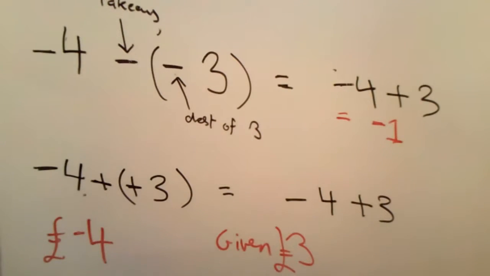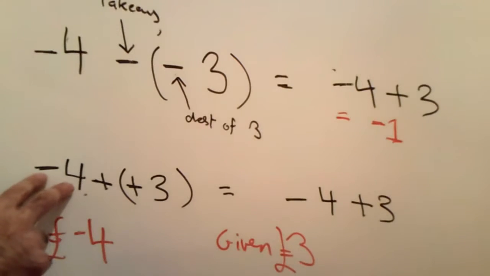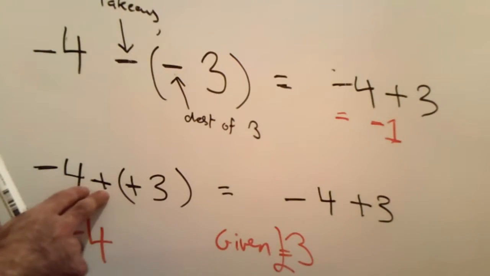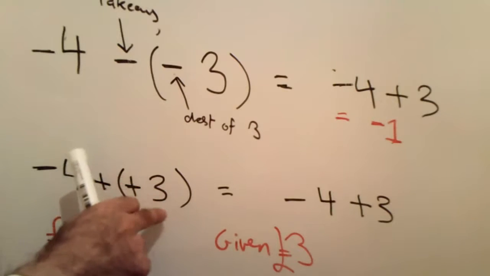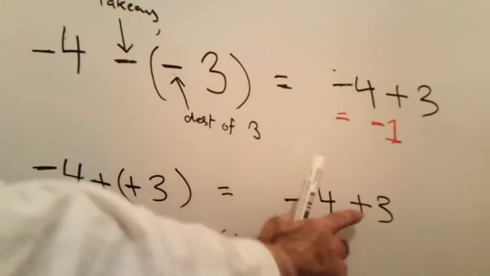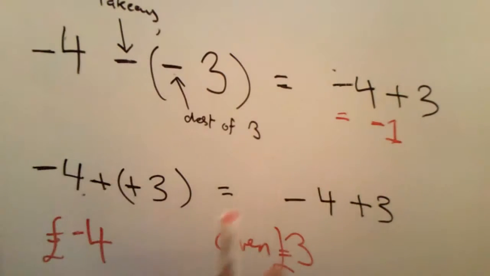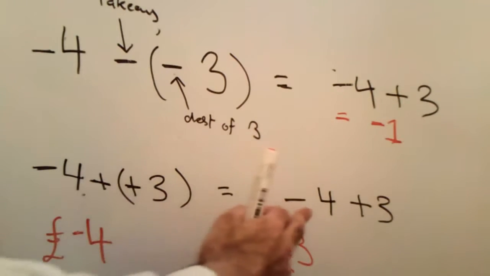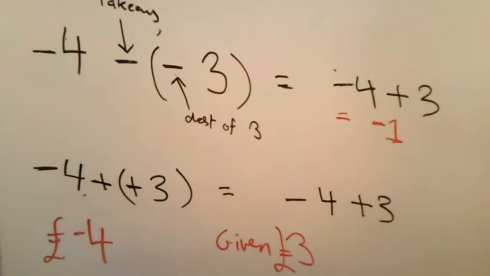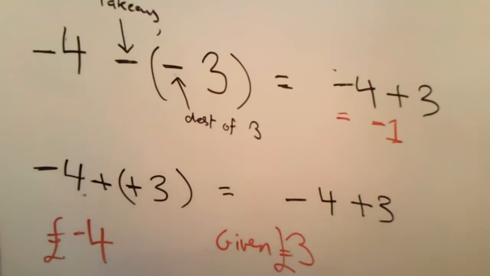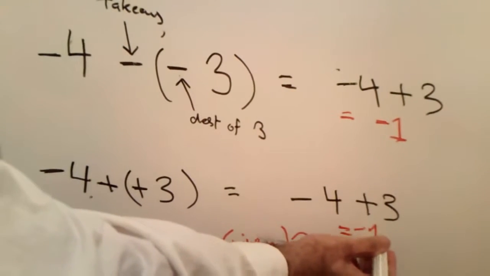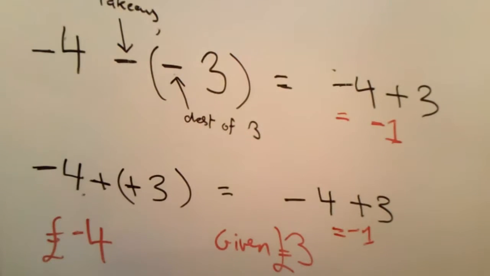So it's the same way here. -4 add 3: you've got -4 in your account, and you add on a positive. So it's saying -4 add 3, adding a positive number, will equal -1 again. So in this example, we were trying to explain what it means when we say take away.